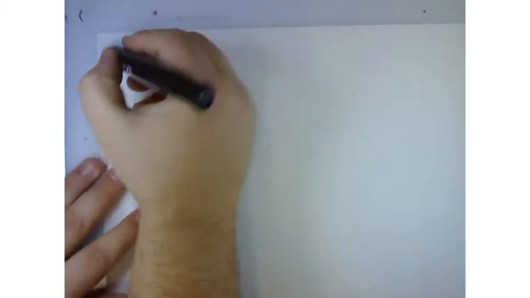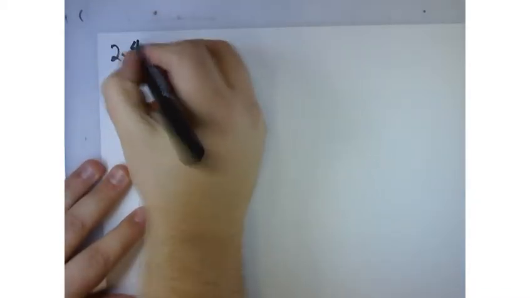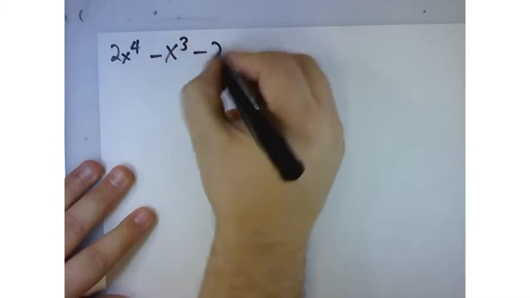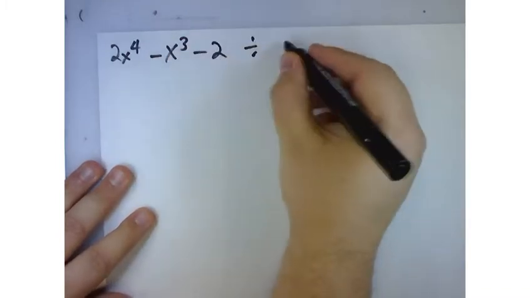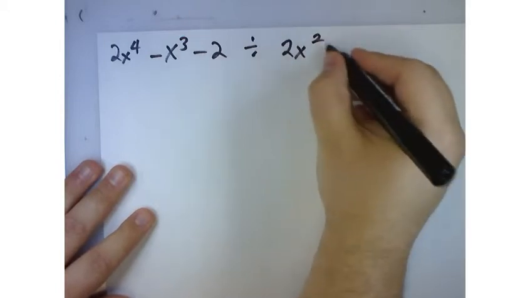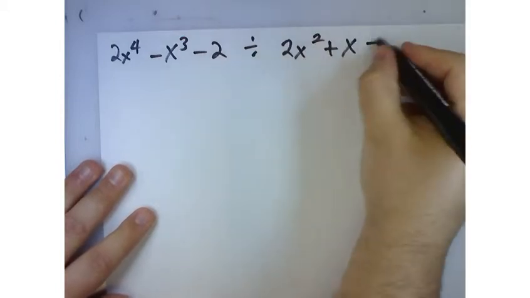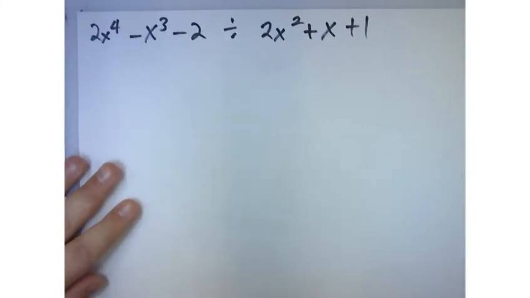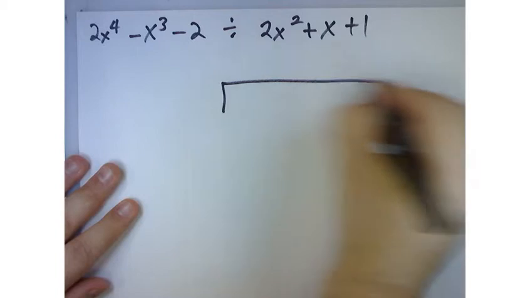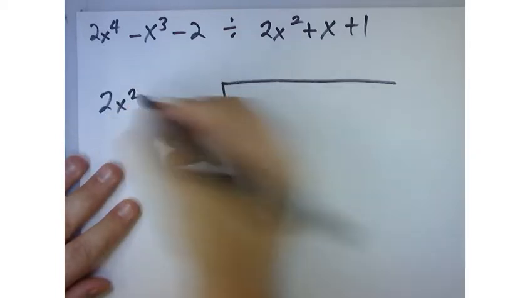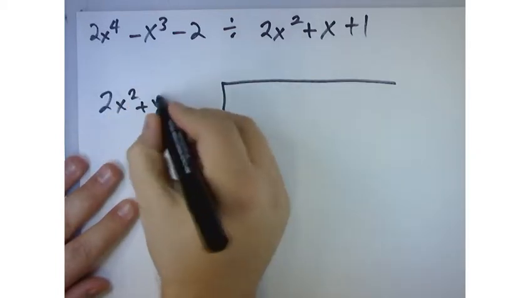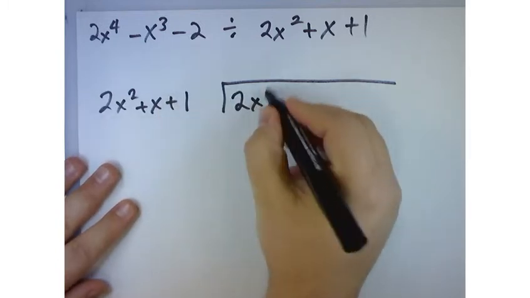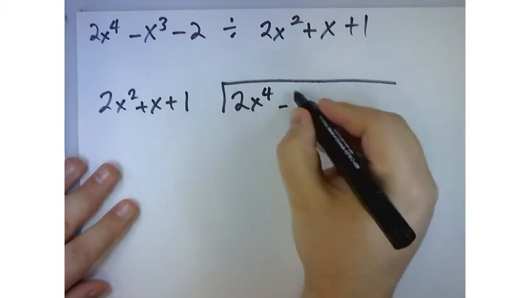They want us to take 2x to the 4th minus x cubed minus 2 and divide it by 2x squared plus x plus 1. So that means I'm going to take 2x squared plus x plus 1 and divide it into 2x to the 4th minus x cubed.